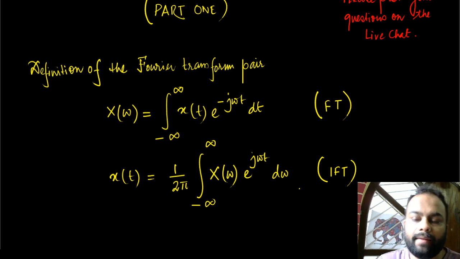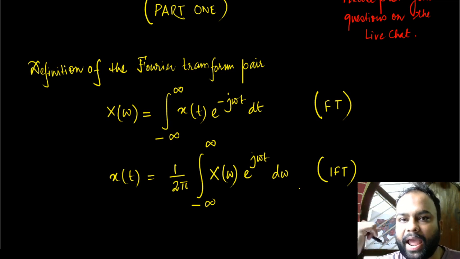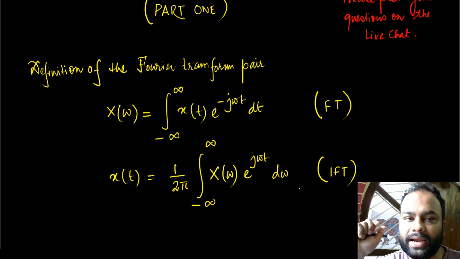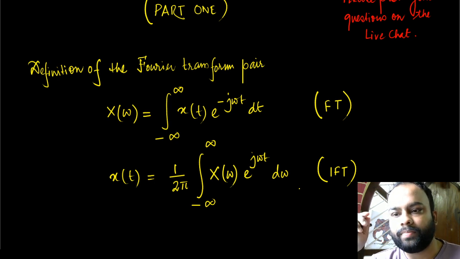As I told you, this is the definition that is used by control system engineers and signal processing experts. This is the definition you will see for the most part in your electrical engineering classes. But there are other definitions, namely those used in modern physics, like quantum mechanics, which slightly differ from this. Then there are other definitions used in communication engineering.